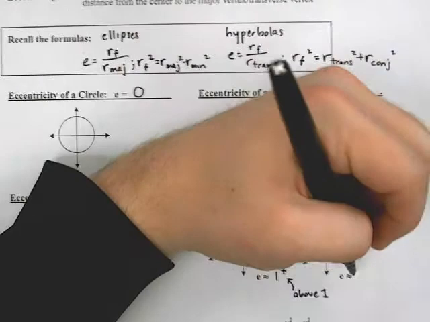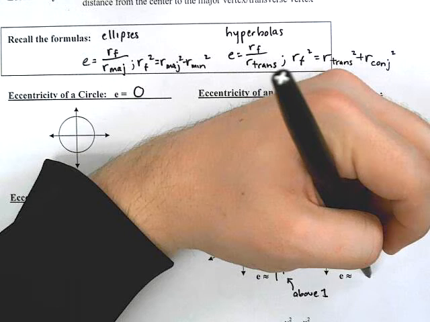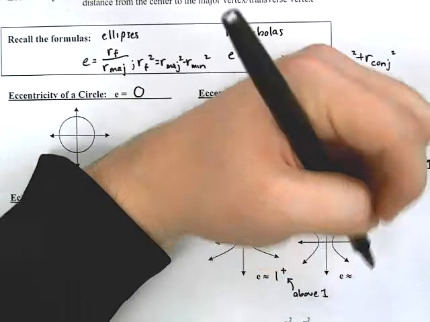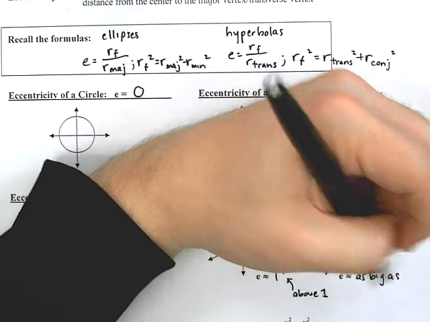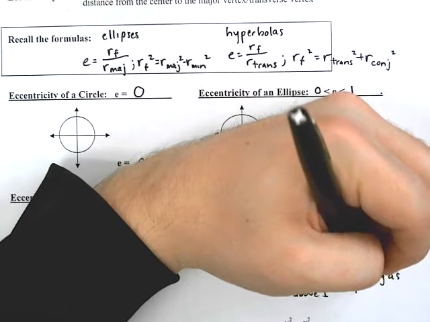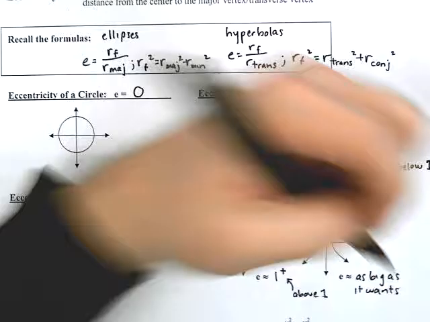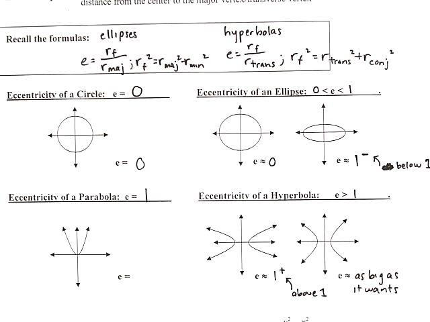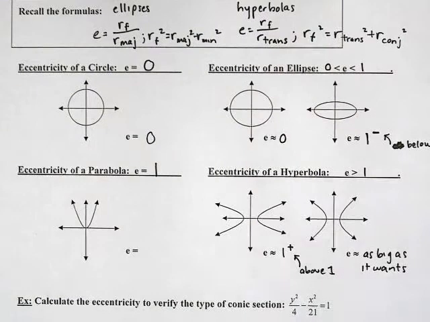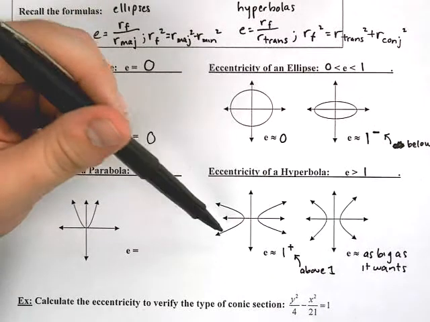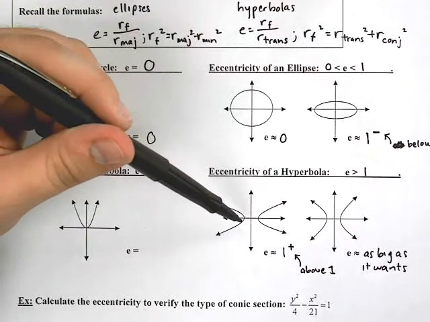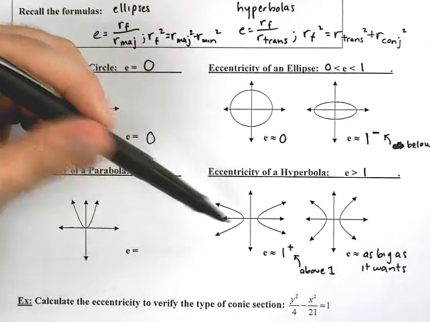And then, I mean, this can get as big as you want, right? Sorry, guys. But again, the idea here is the skinnier the hyperbola is, the closer that eccentricity should be to 1. But again, it has to be above it.